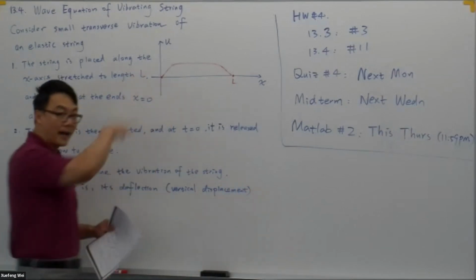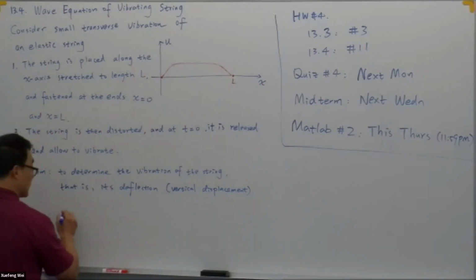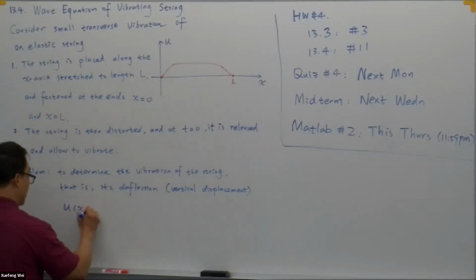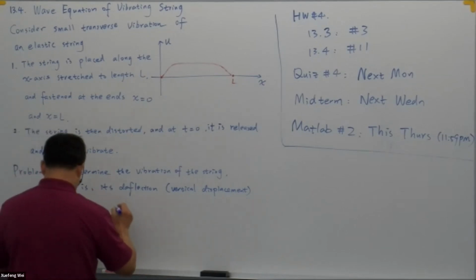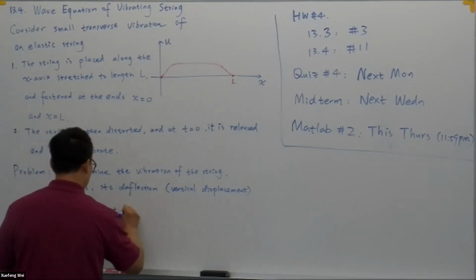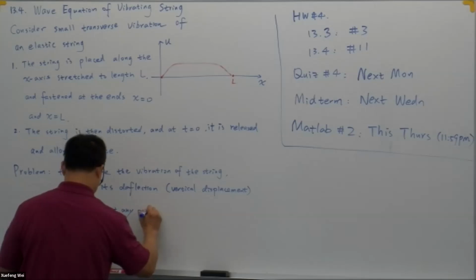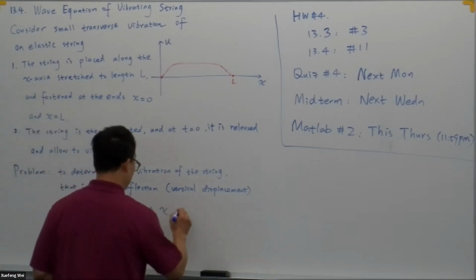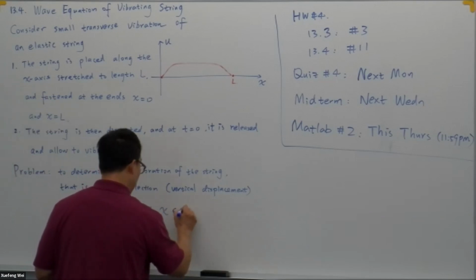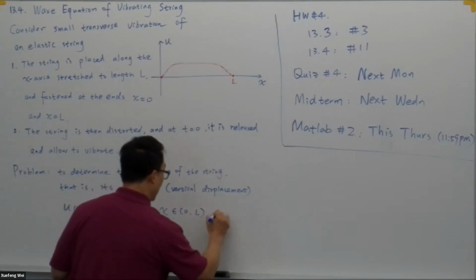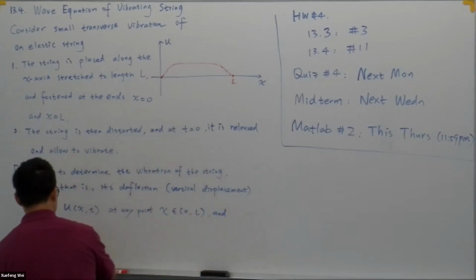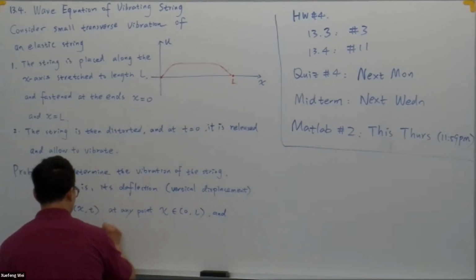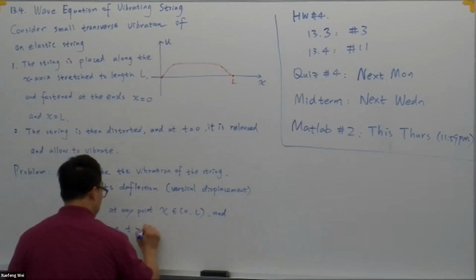Vertical displacement is just the height, which is u as a function of x and t, at any point x between 0 and L, and at any time t bigger than 0.